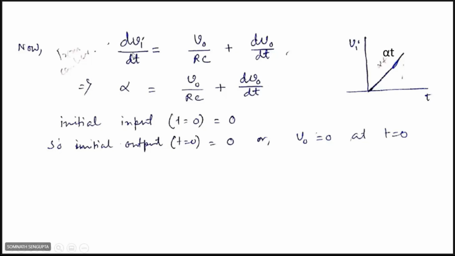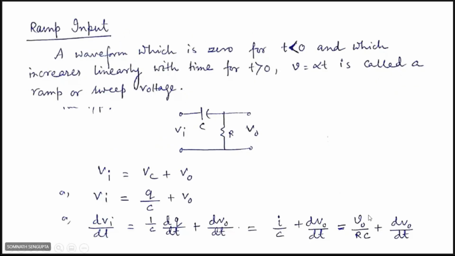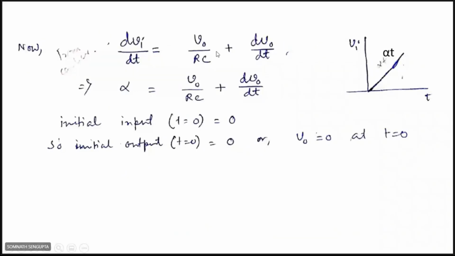Now this dvi dt, I have rewritten here. dvi dt is equal to v0 by rc plus dv0 dt. So this dvi dt is what? This vi is equal to alpha t, so dvi dt is equal to alpha.